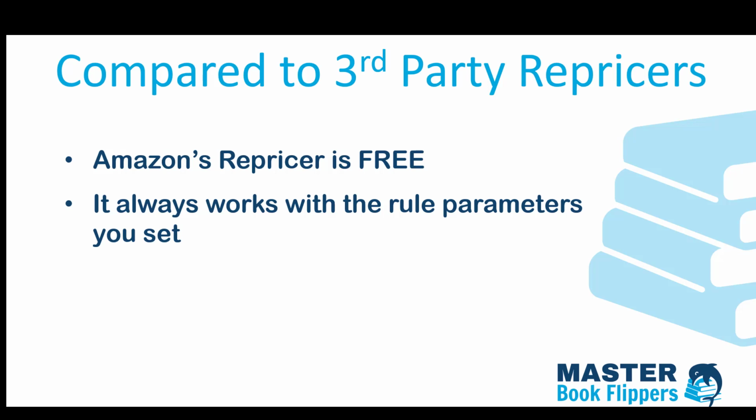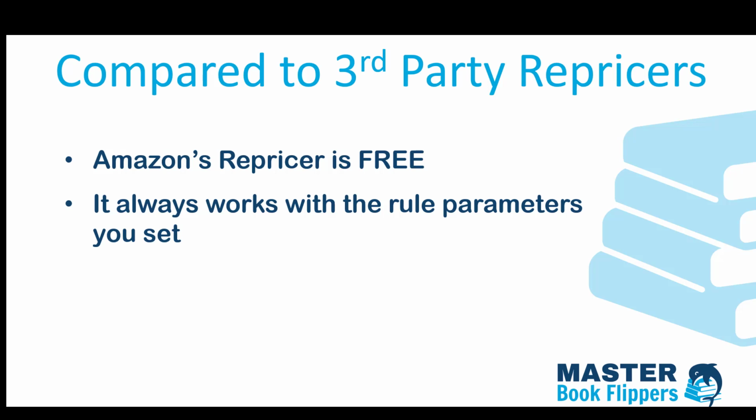And the reason for that, it's not really the third-party repricer's fault. It's simply that Amazon does not share all their data with the third-party repricers. So if you're going to use a third-party repricer, you really need to understand that. Basically, I believe it's the 20 lowest prices that Amazon shares with the third-party repricers.